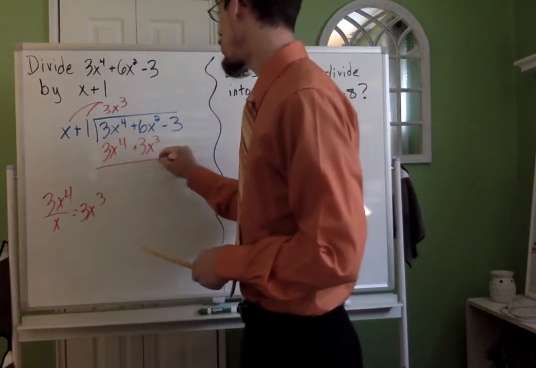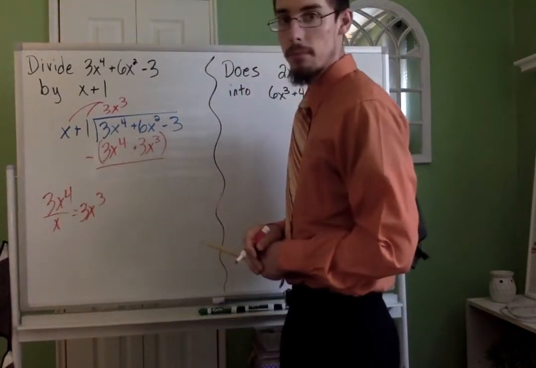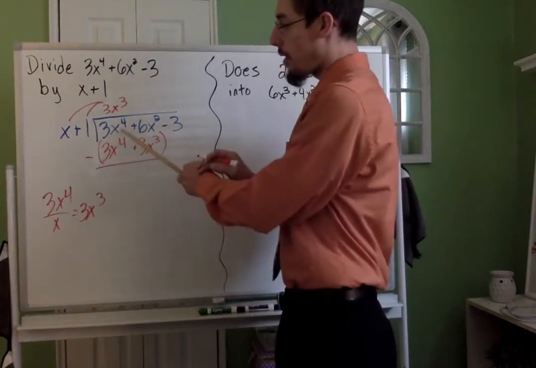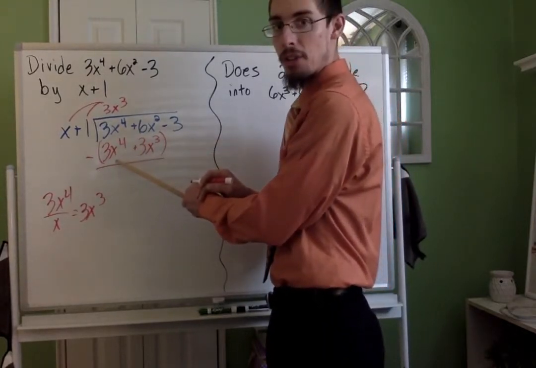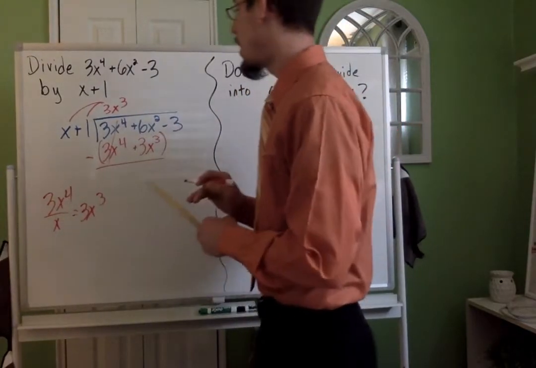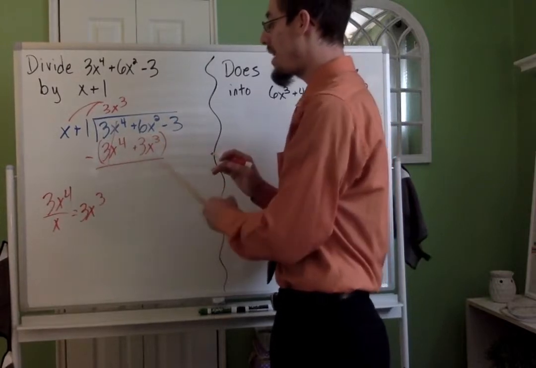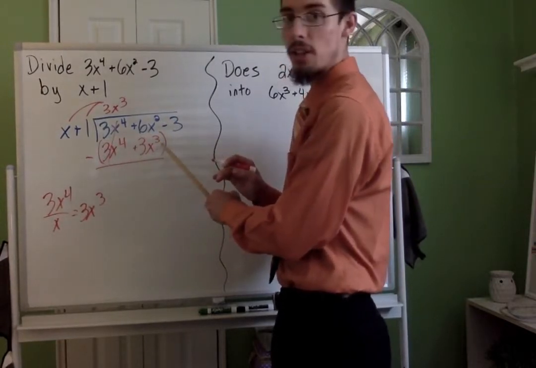Then you go and you try to subtract. 3x to the 4 minus 3x to the 4, that's going to cancel. But 6x squared minus 3x cubed.